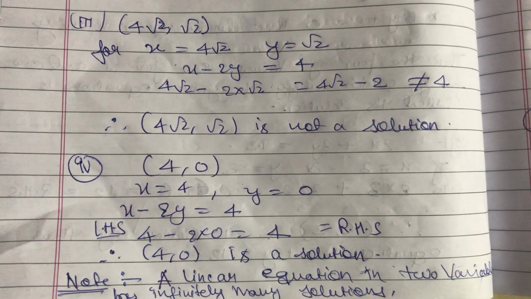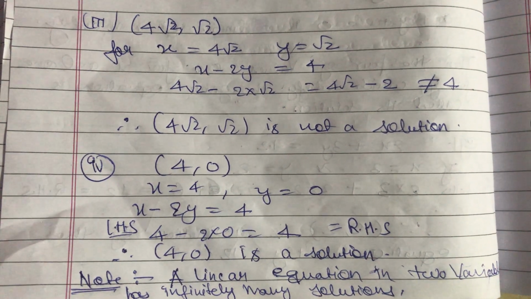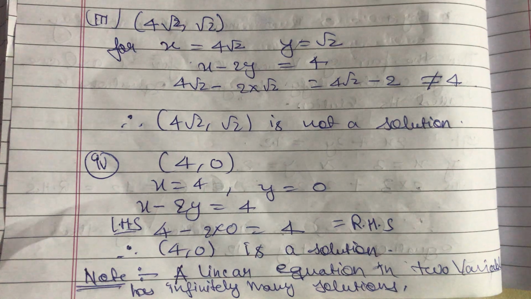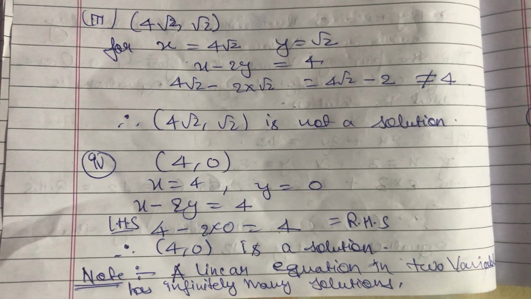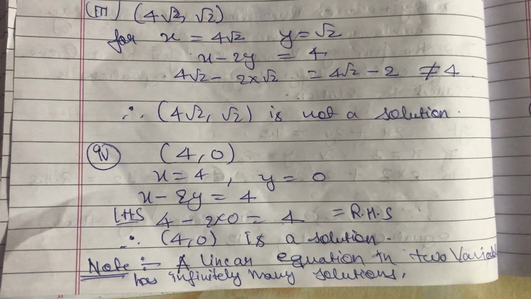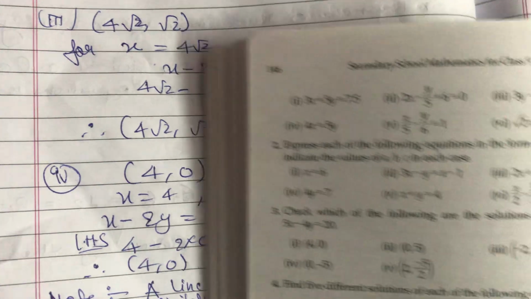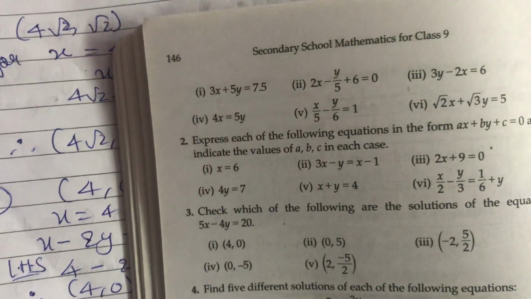In the next video, we'll learn more questions regarding this, that is how to find infinite or more than 2, 3, 4 solutions of a particular given linear equation. I'm sharing a few assignment questions with you.